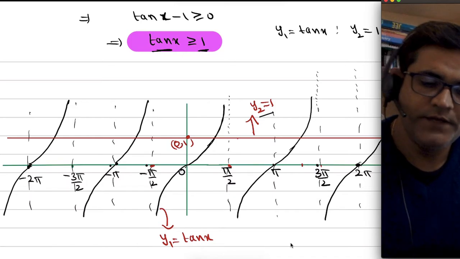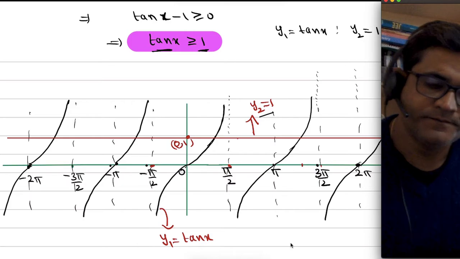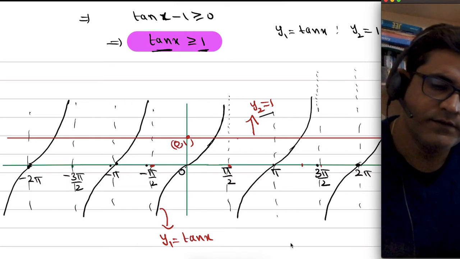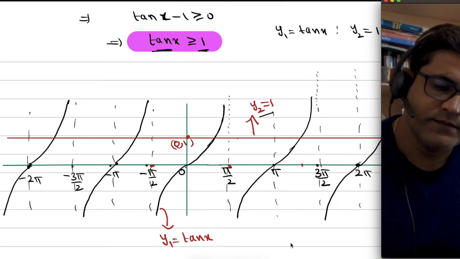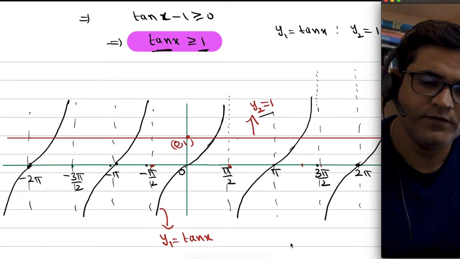Geometrically, we need to find the interval in which the tan x graph is above the line y equal to 1, including tan x equal to 1. So we need to find the values of x for which the tan x graph is above 1, including where tan x is equal to 1.